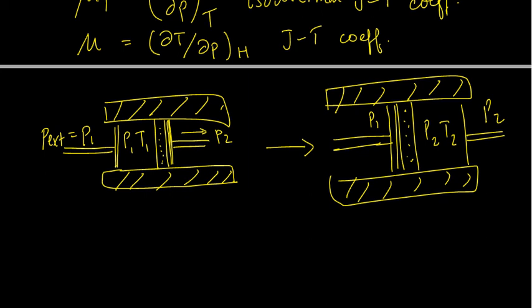Now, let's calculate. This is adiabatic, so Q is 0. Straightforward. Now, what is the work done?